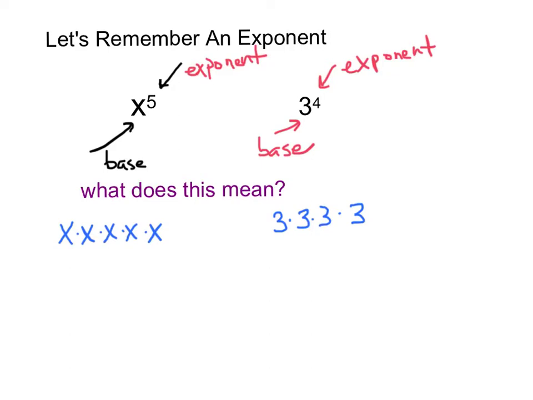This one here we can just rewrite as x to the 5th, because obviously we don't know what x is, and there's no reason that we should know. This one over here, we can say 3 times 3, that's 9, times another 9, which is 81. Or we could just punch that into our calculator and still get 81.